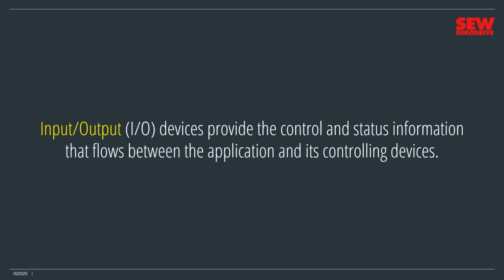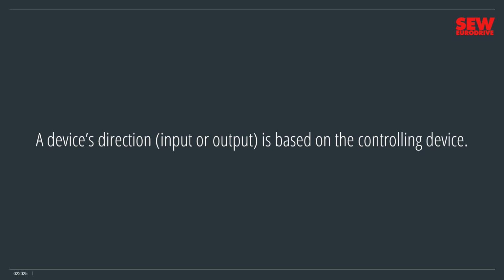Input output devices provide the control and status information that flows between the application and its controlling devices. As I mentioned back in Module 1, I/O devices are the application's arms, legs, and senses. And just to make things crystal clear, the device's direction, whether it's an input or output device, is based on the controlling device.